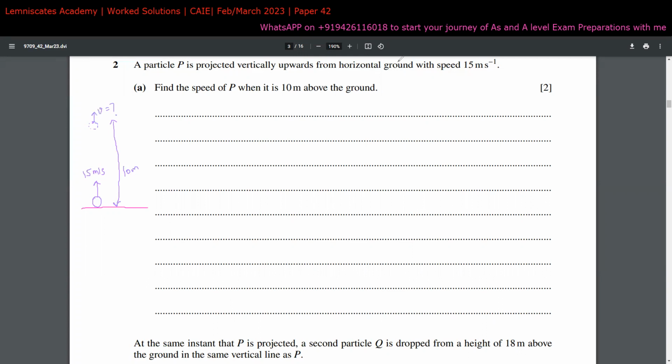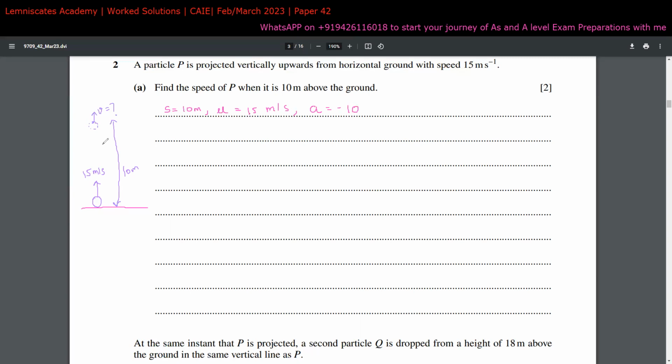All right, so now what we can do is we are having the value of s. I'll just mention it down over here. We know that the value of s is equal to 10 meters. We know that the initial speed is given to us as 15 meter per second. Anytime we are moving in the y direction, the acceleration is always minus 9.81 or minus 10, because we are dealing with AS level mechanics of Cambridge, and Cambridge suggests that the value of gravity should be 10, right?